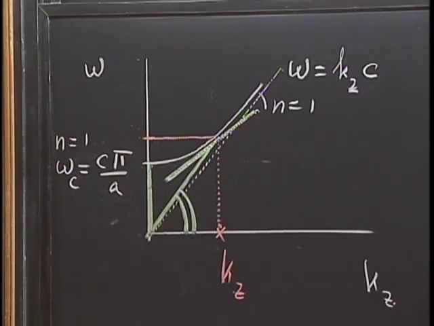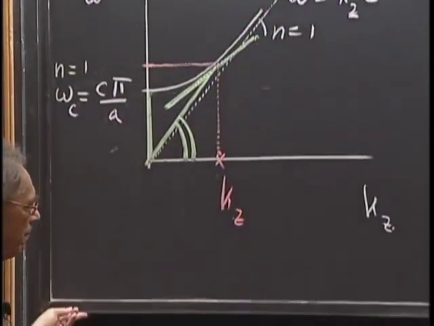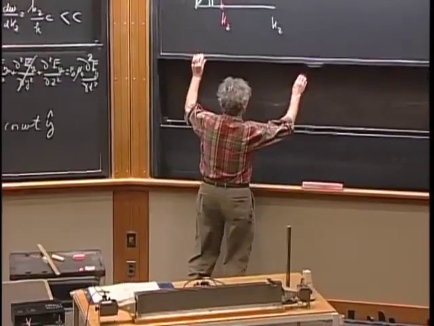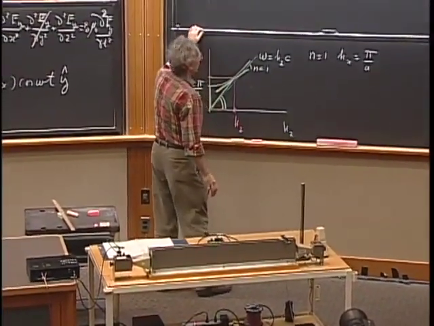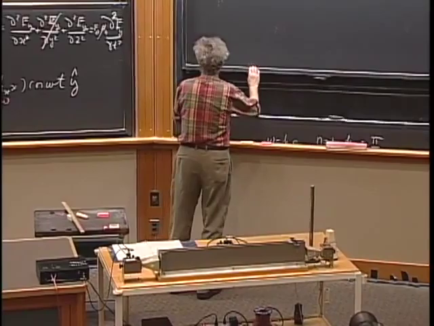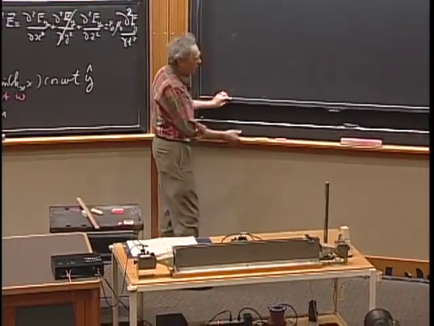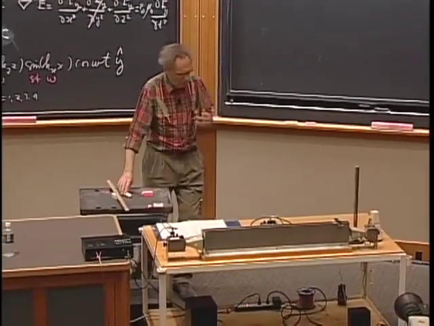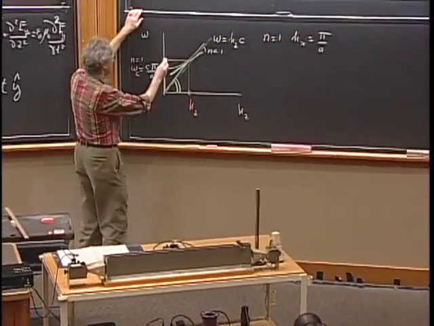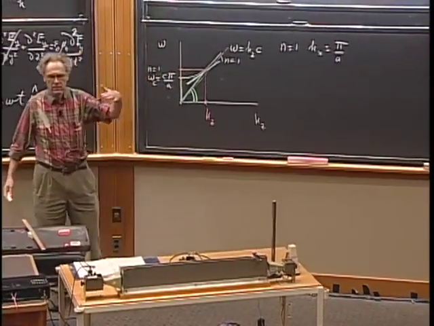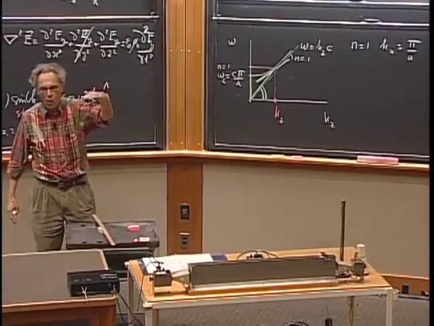So I now want to write down for you something that may help you later if you want to understand your notes. I will put this back up again. I'm going to do the following experiment with you in my head. I start with a certain frequency, omega, and I'm going to lower that frequency.